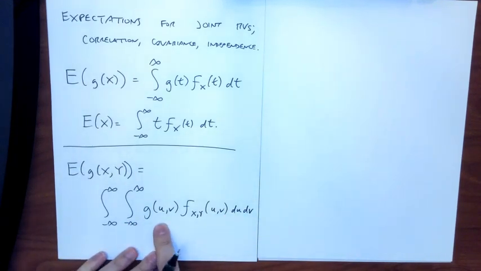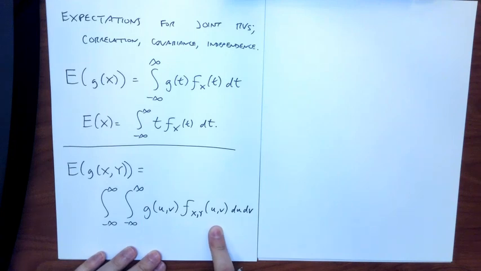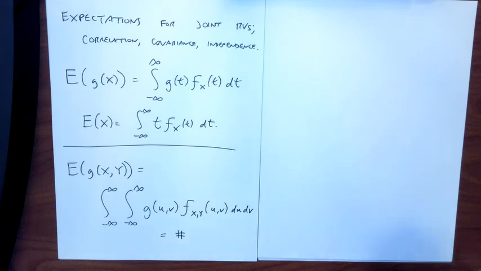So I take the function, I multiply it by the PDF, and I do a double integral, right? And what comes out is some single scalar number, right? And so the nice thing is that just like for one random variable, we can use all these nice linear properties of expectation, right?